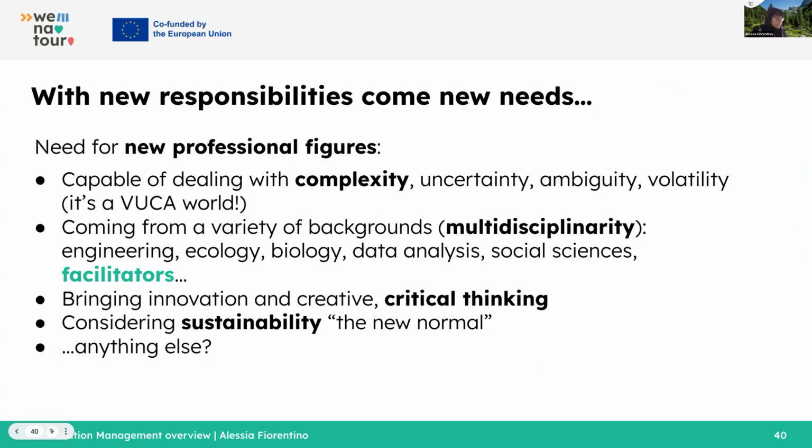So they need new skills. They will come from a variety of backgrounds, so multidisciplinarity is very important. I know of destinations who hired engineers, like environmental engineers, ecologists, data analysts, of course, people coming from social sciences, and also facilitators, which are very, very important.